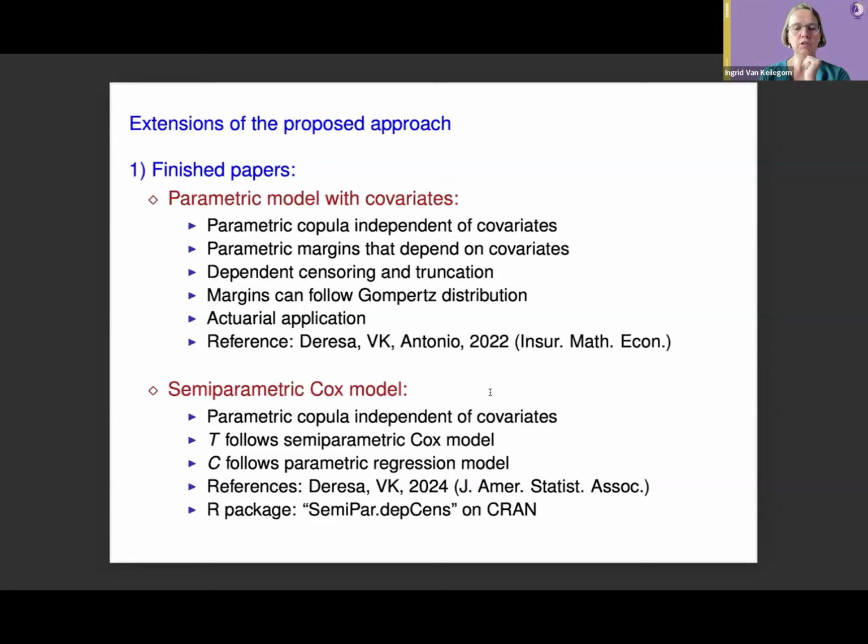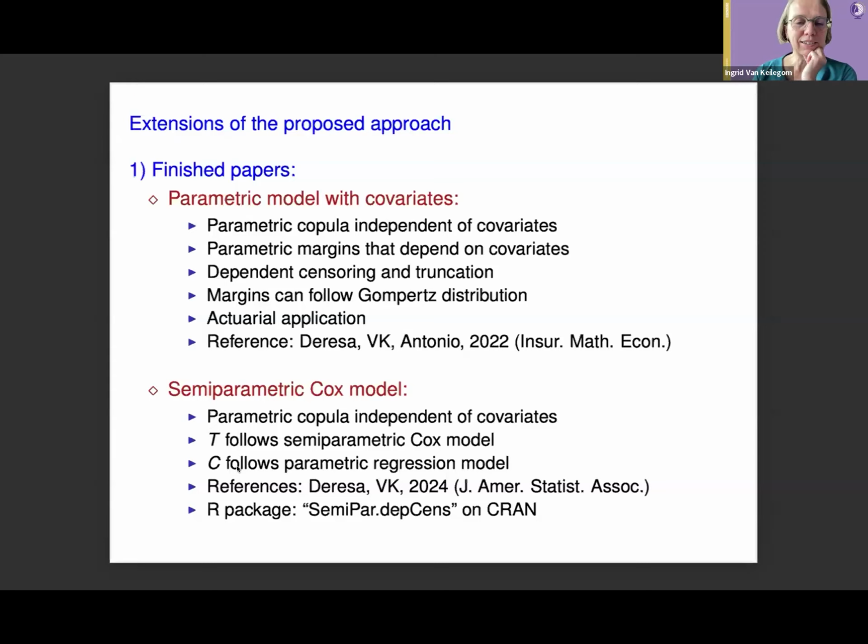And then the second extension we worked on was a semi-parametric model. And we made it semi-parametric by assuming a semi-parametric Cox model for T. And so we have covariates, of course, and then in addition, we have a semi-parametric Cox model. The copula was still fully parametric, and also the censoring time still followed a fully parametric model.